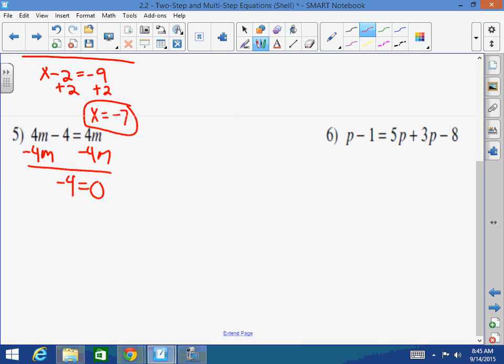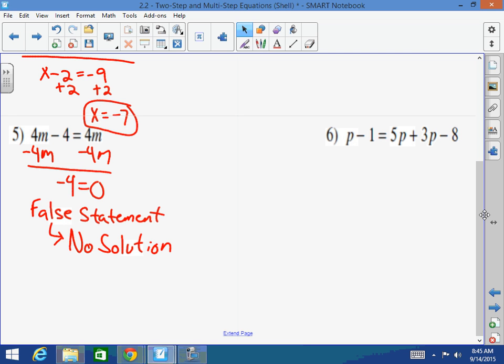Is that a true statement? No. When you have a false statement, it is a no solution. It means that there is no value for that given variable that will make this equation true.